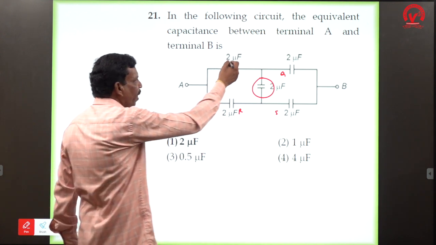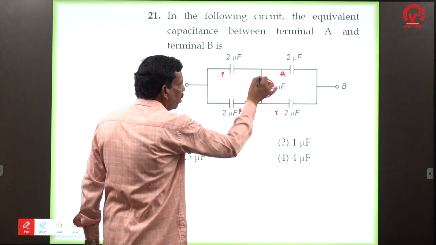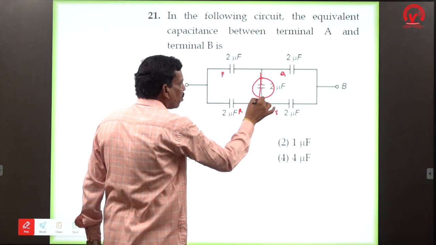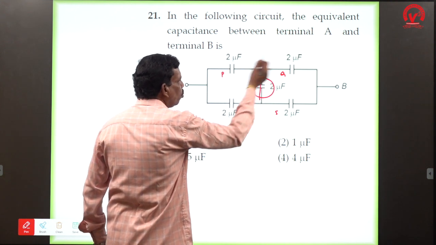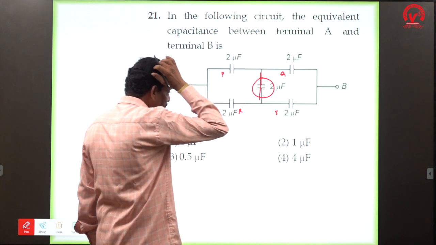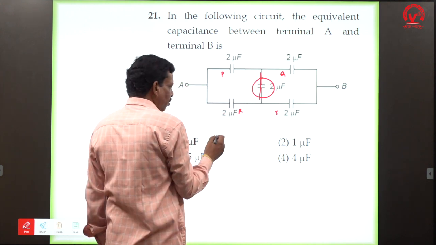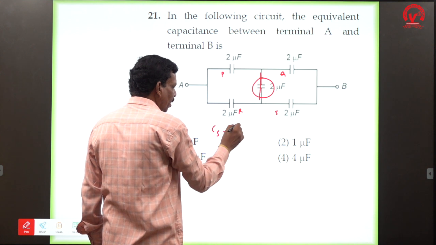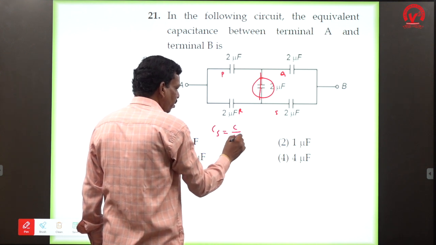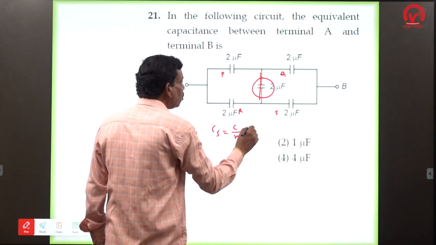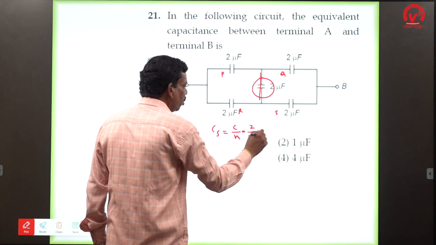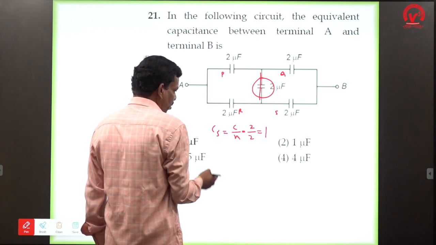Let me see. First circuit, two in series. Two in series means what? C by n formula. C is how much? 2 by 2, that equals 1. It is also 1.